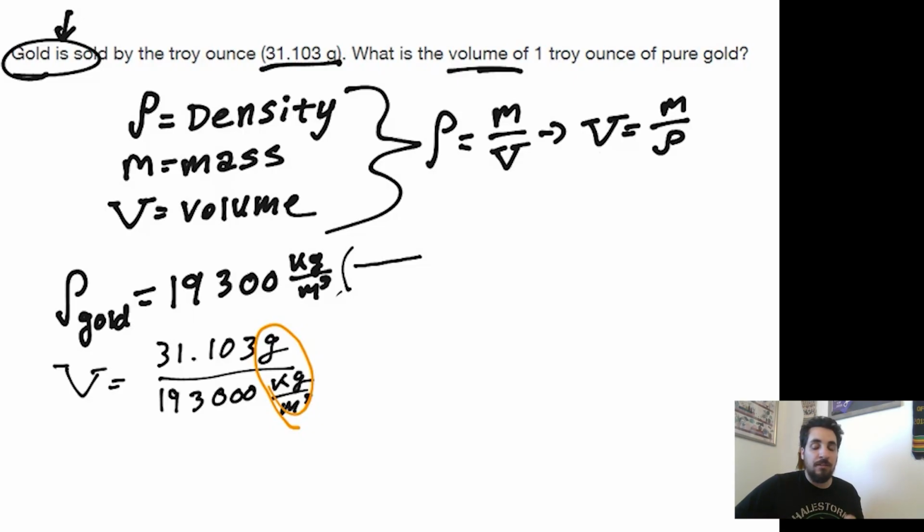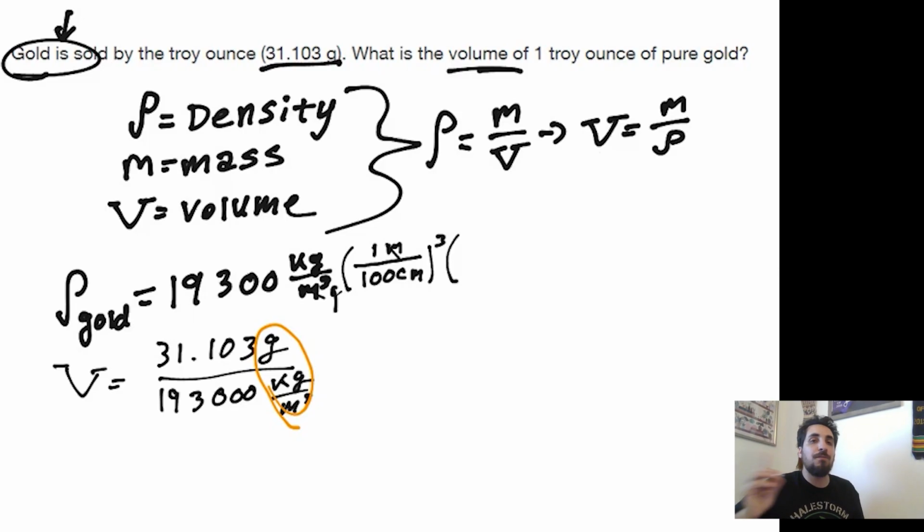Get from meters to centimeters. And to do that, we know that 1 meter is equal to 100 centimeters. And when we do this, we see, okay, well, meter cancels out with meter, kind of, because there is a pesky 3 right there. So you actually have to do this unit conversion 3 times. So you have to divide by 100, total of 3 times. And that'll take care of our meter.